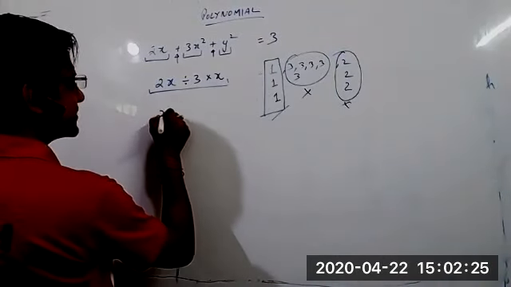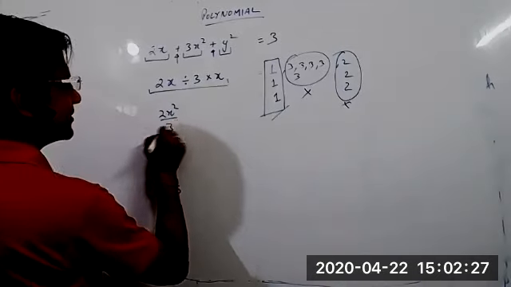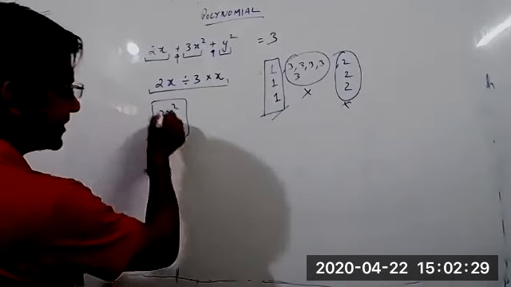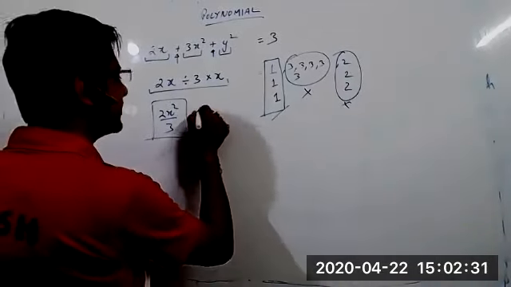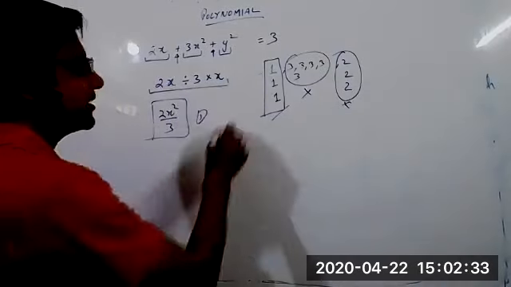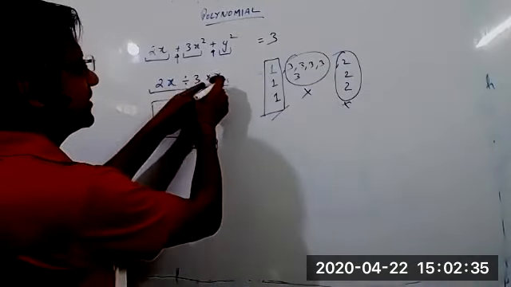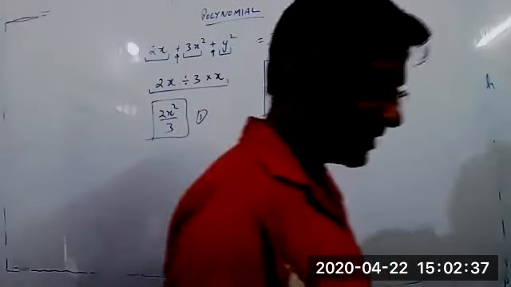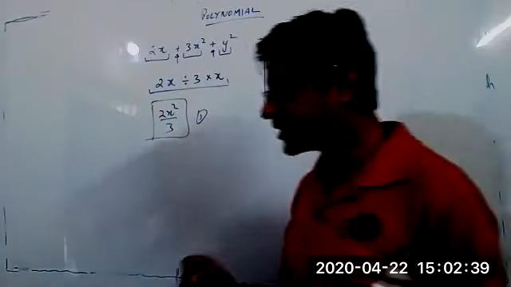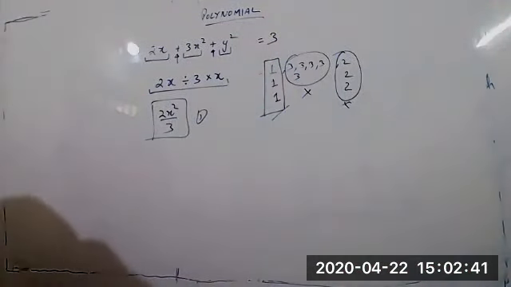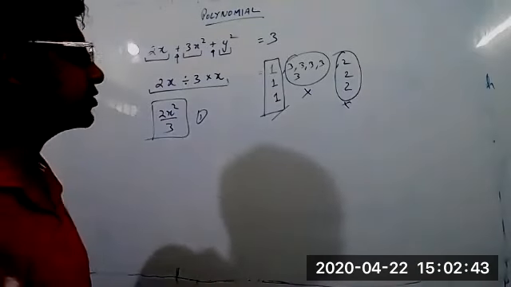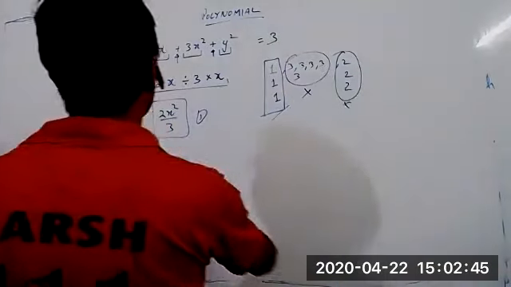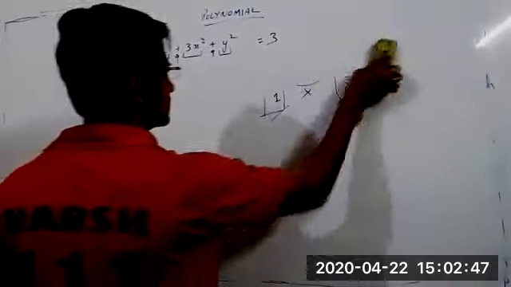You can write this as 2x squared by 3. If I had written it like this, you would have said 1 term. But since I wrote it showing these operations, you are telling 3 terms. Understood? And you will never forget.